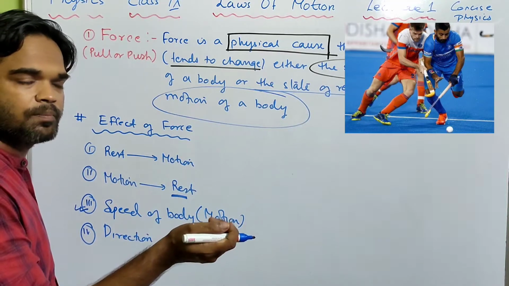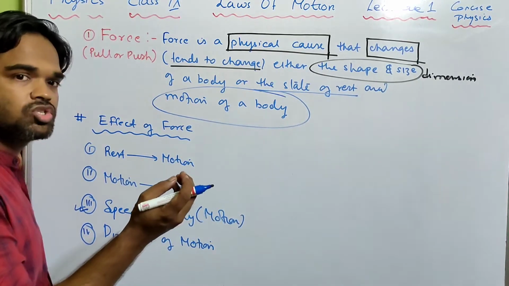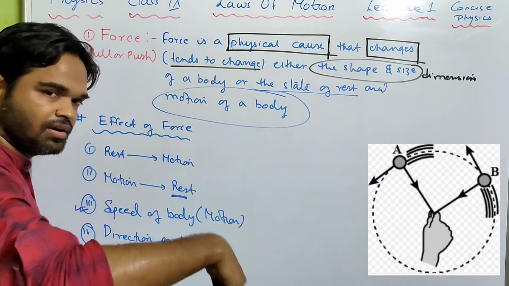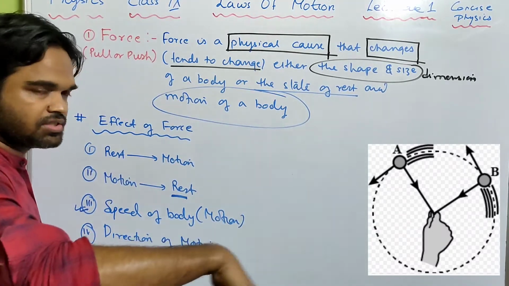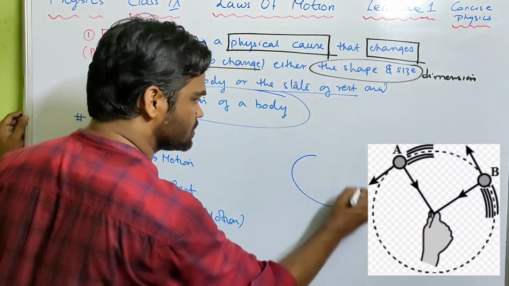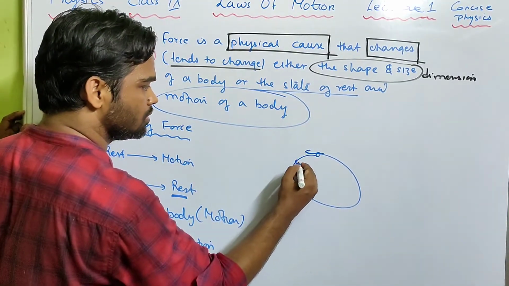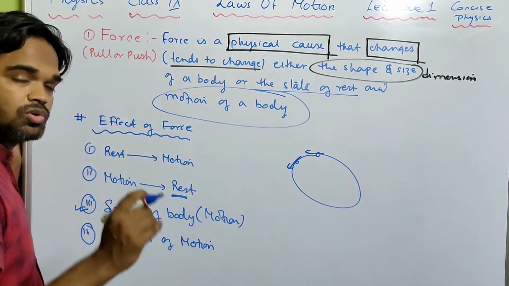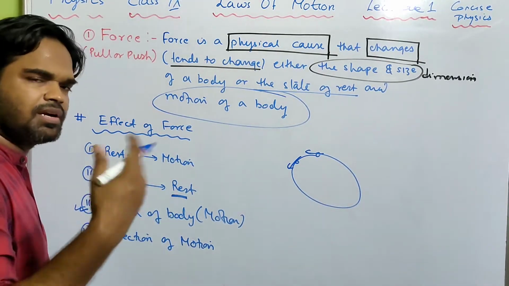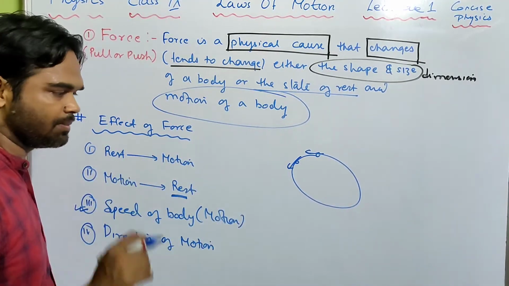In hockey also. Suppose you tie a stone with a string and whirl it in a horizontal circle, what happens? The direction of motion changes due to the tension in the string. We will discuss tension in detail. That's a type of force.